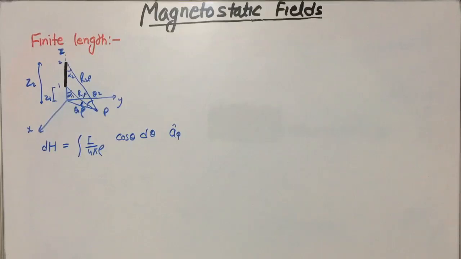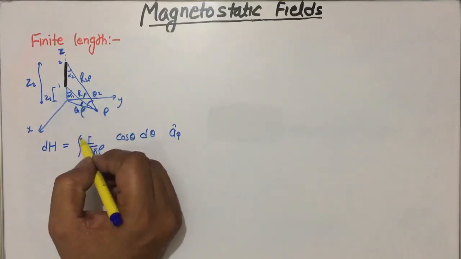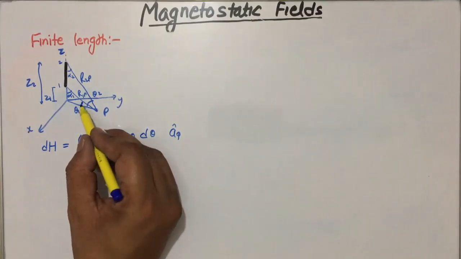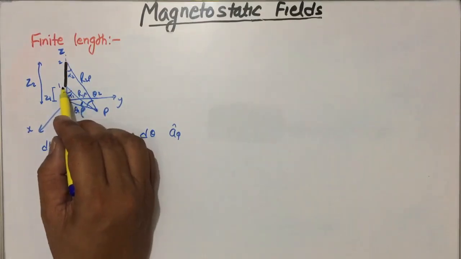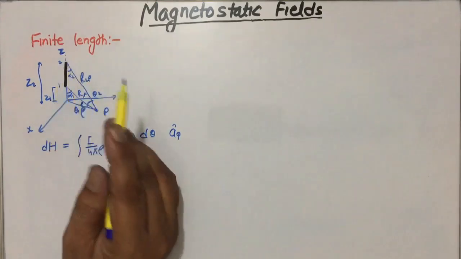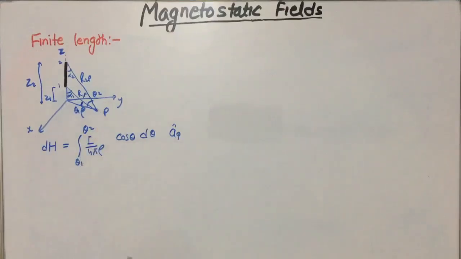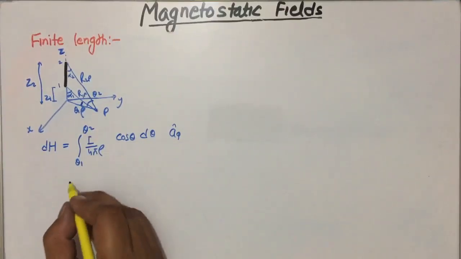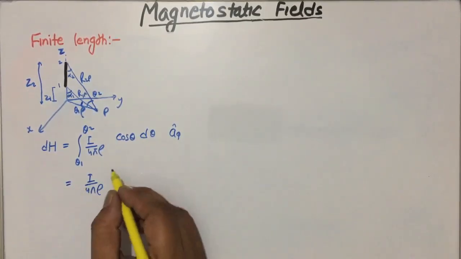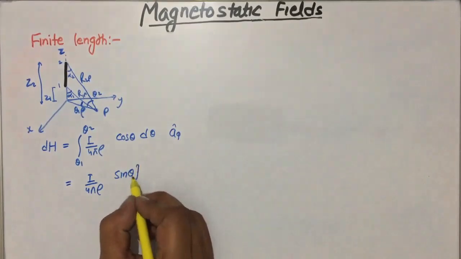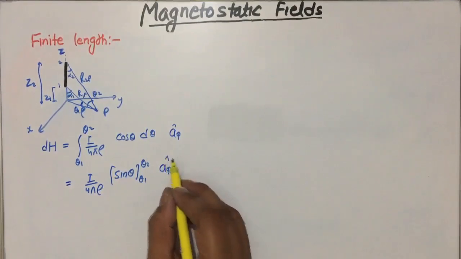Now consider the same case with the limits minus infinity to infinity replaced by theta 1 to theta 2, from length z1 to z2. So we can say from theta 1 to theta 2, and the remaining things will remain the same. Try to solve it. It will give us I by 4 pi rho sine theta with the limits theta 1 to theta 2, a phi.